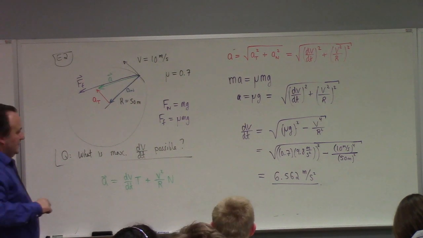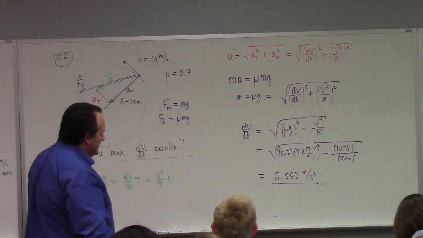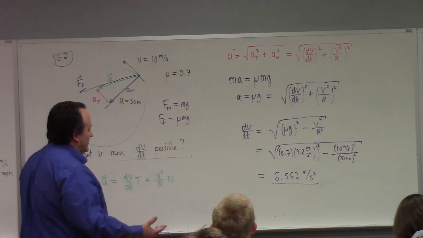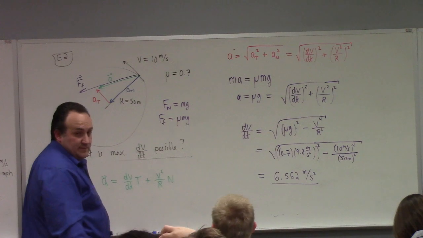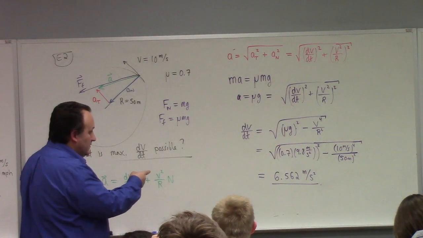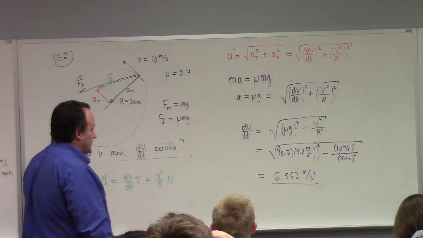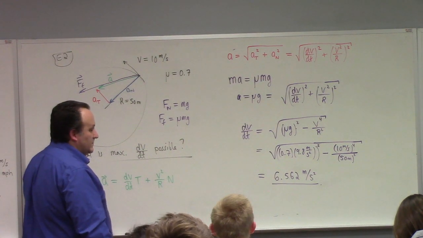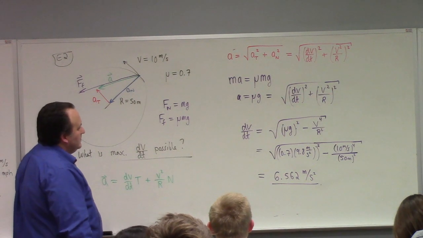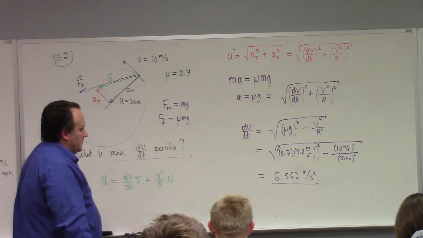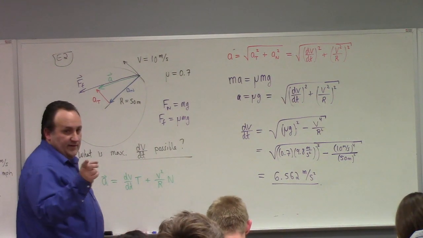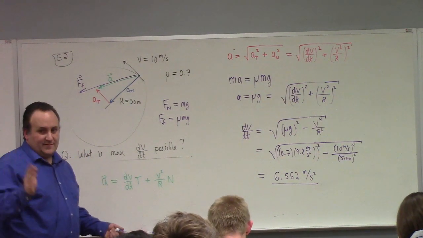How is it that close to that? That feels so wrong. I mean, we worked it out. What did you use for g? 9.8. Well, that's weird. But you got 6.5.